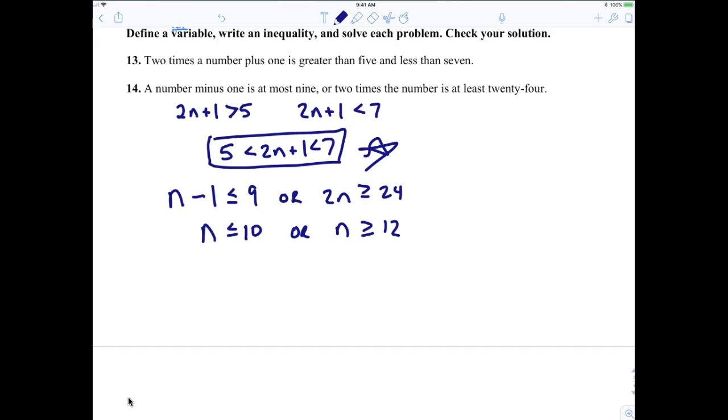Now, I would hope, but it's not necessary, that you can figure out what that would be in interval notation without drawing a graph. What do we got here, guys? That would be what? Bracket, bracket, 10, is that right? And then what? Bracket 12.